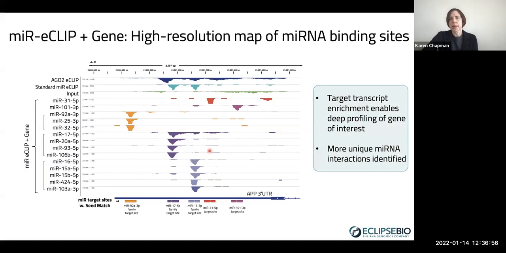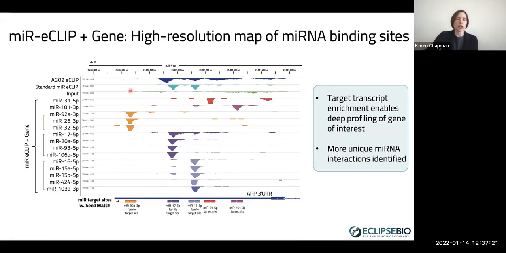And this is an example of the flip side of that: enriching for a particular gene of interest. In this case, we've enriched for the APP gene, and what we're showing here is just the 3' UTR of the APP gene. Shown here are the various elements of the data that have been pulled out.